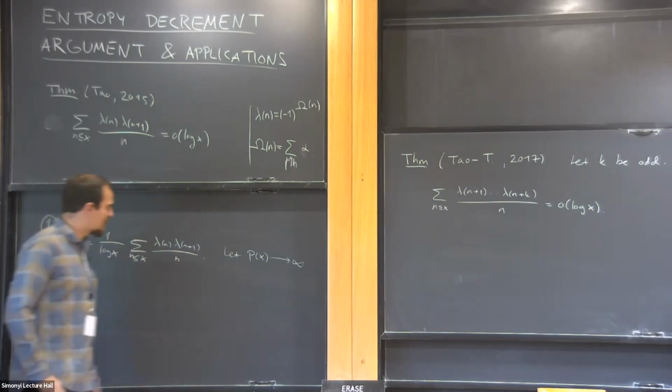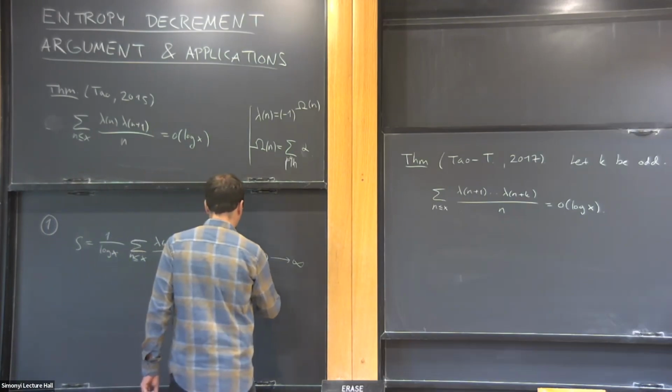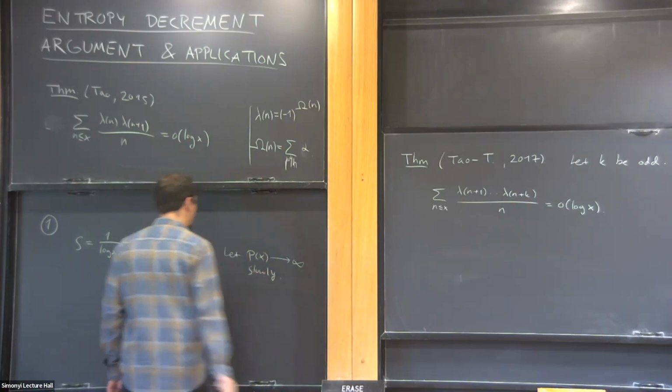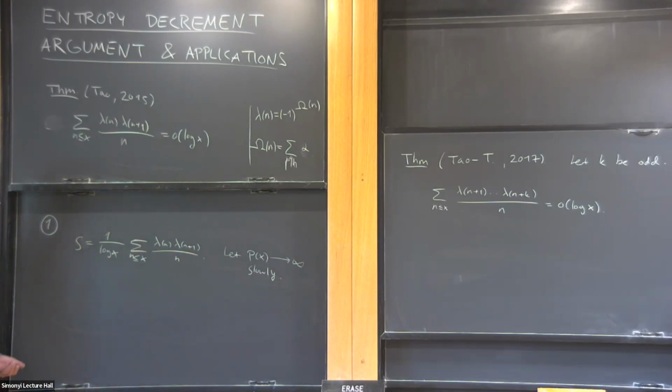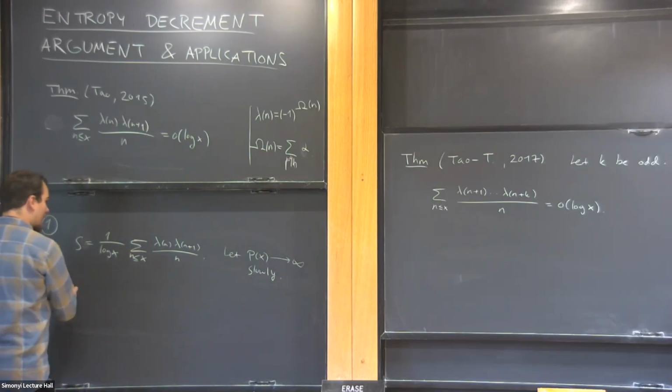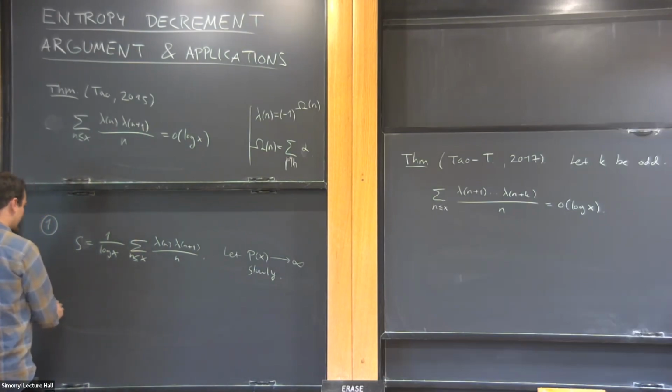Okay, so take some function P of x, which tends to infinity slowly. Think of something like double log x, let's say. So P of x is something like double log of x. And now use the multiplicativity.